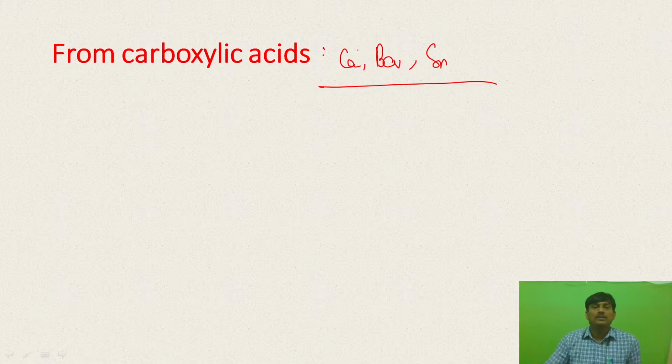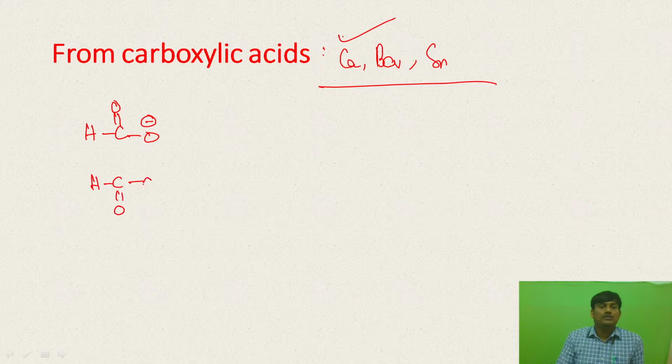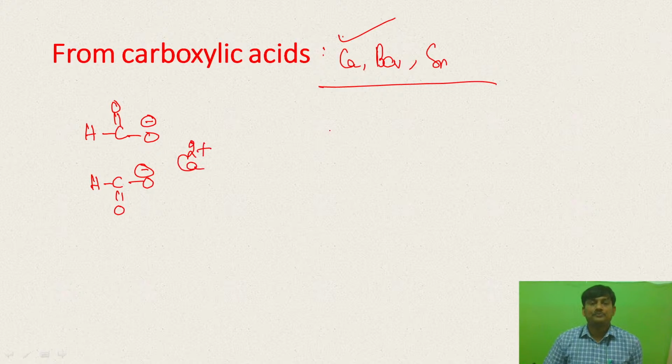Let's take a simple carboxylate of calcium, HC double bond O minus, and here HC double bond O minus, and here Ca2 plus. We are taking calcium formate.